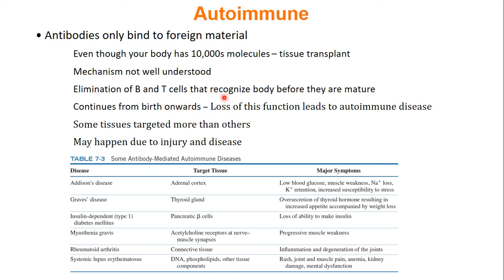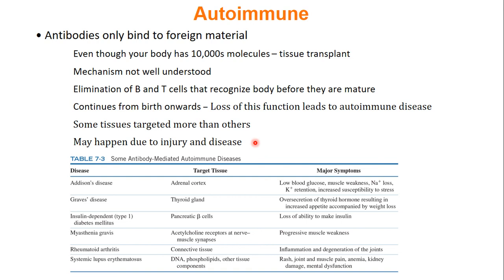And the loss of this ability will lead to these autoimmune diseases where your body will attack yourself. Now, some tissues are generally targeted more than others, and autoimmune diseases often happen due to an injury or disease. So let's say you had a head injury and the blood-brain barrier is compromised.